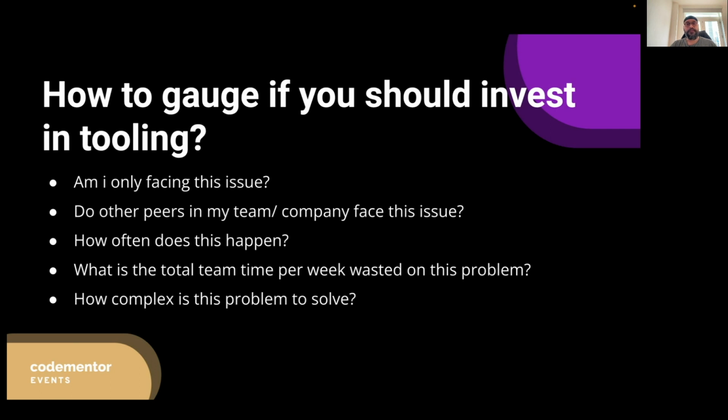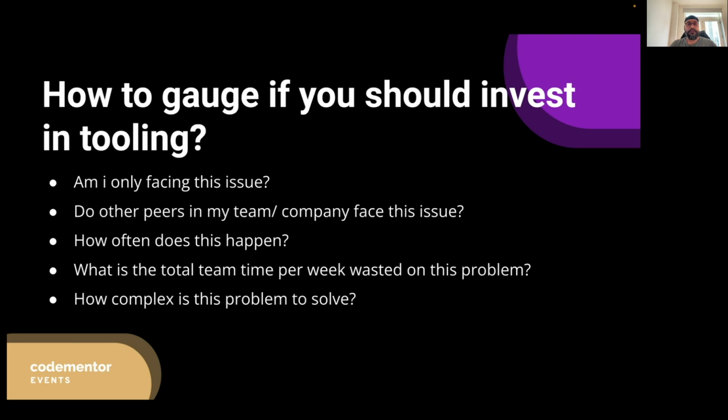But if by investing, let's say, a couple of days, I'm able to solve a particular problem that saves an hour for every engineer per day, I would surely go for that. Because one hour per engineer per day would mean that if I have 10 engineers in my team, I'm saving 10 hours per day.